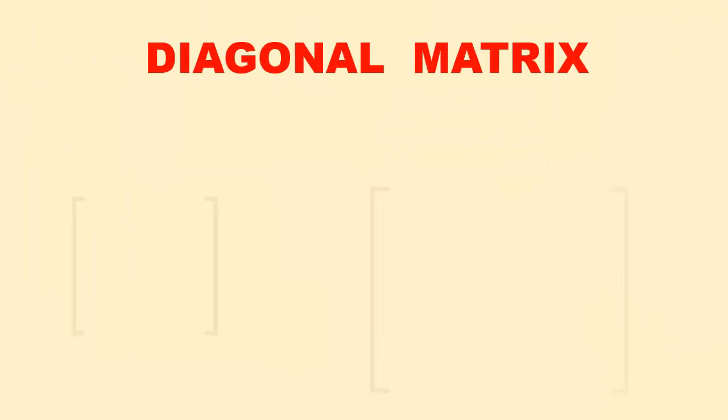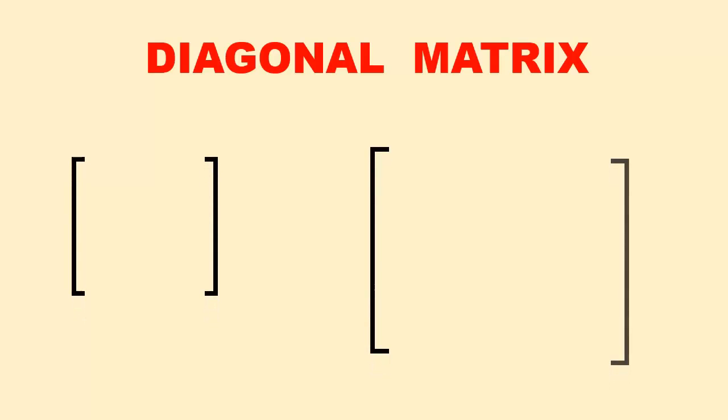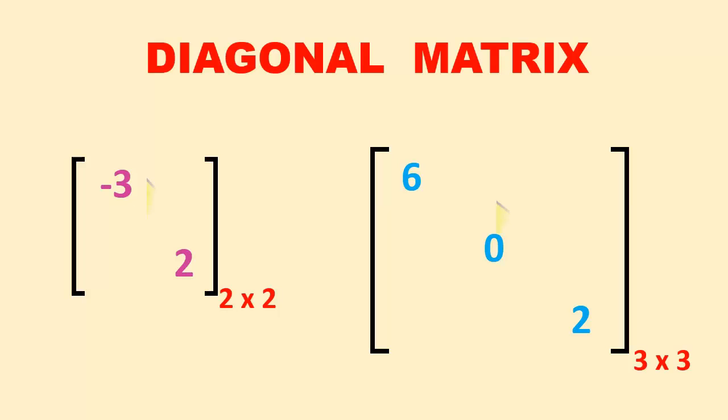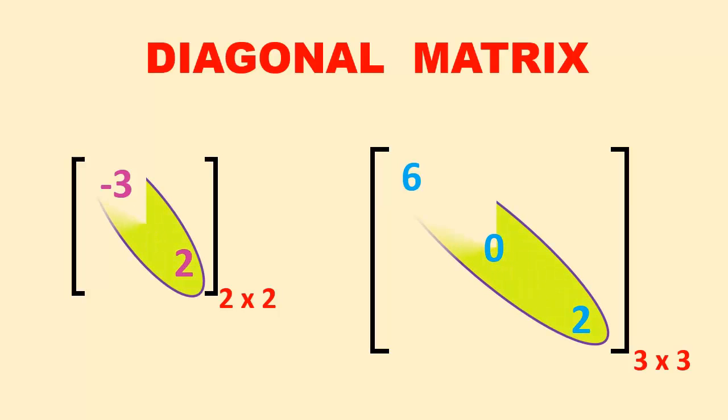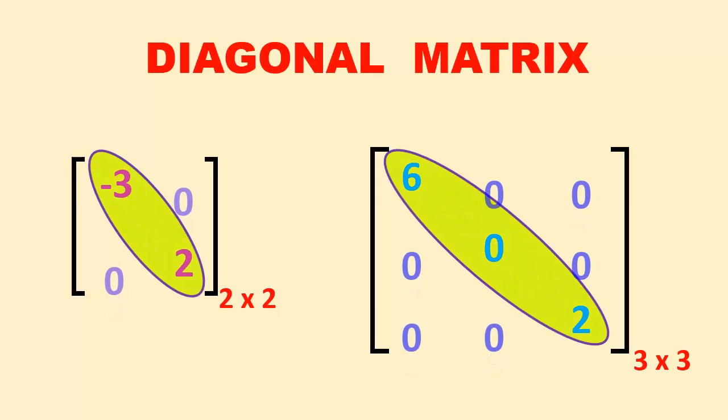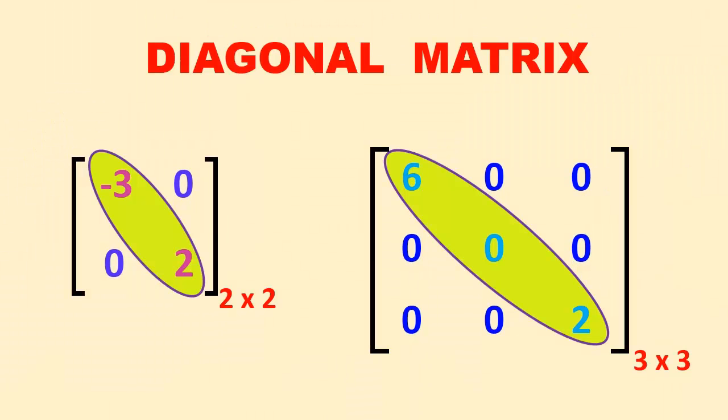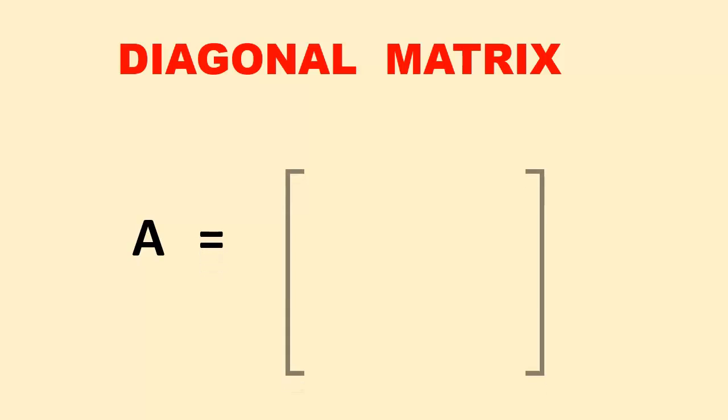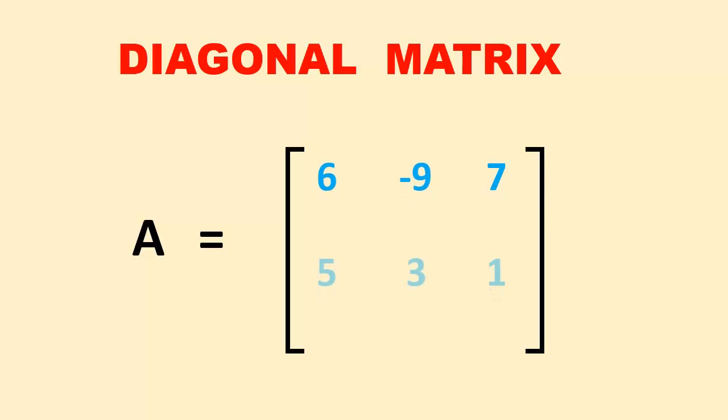Diagonal matrix. A square matrix is called a diagonal matrix if all the elements except those in the leading diagonal are zeros. Consider the matrix A equals 6, -9, 7, 5, 3, 1, 4, 8, 2 of order 3.